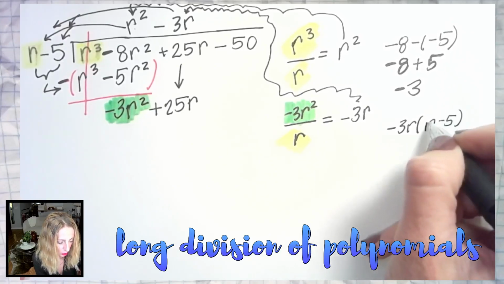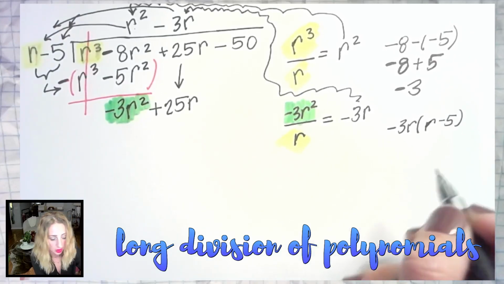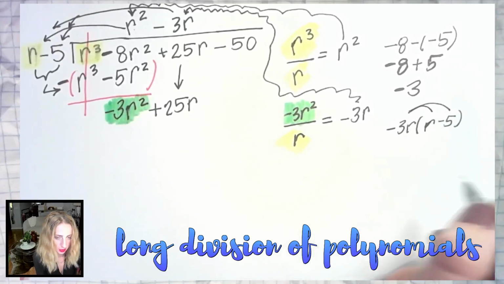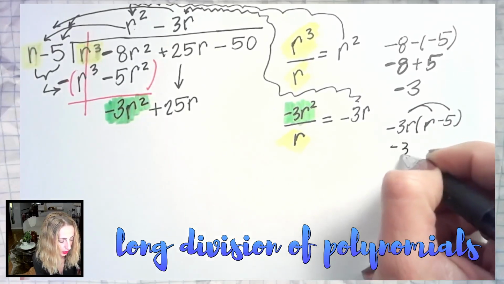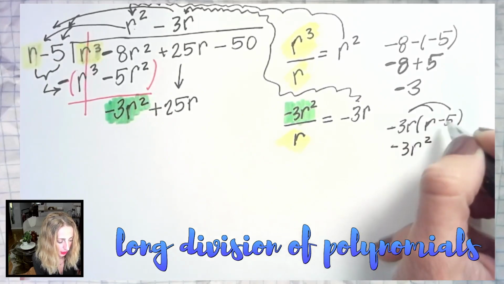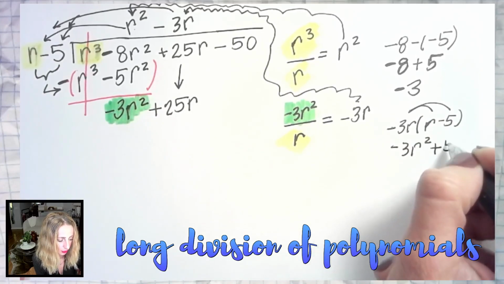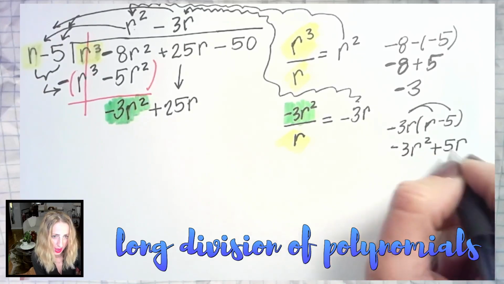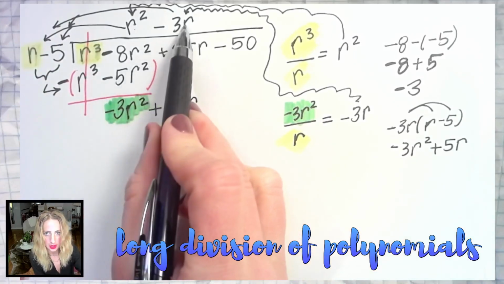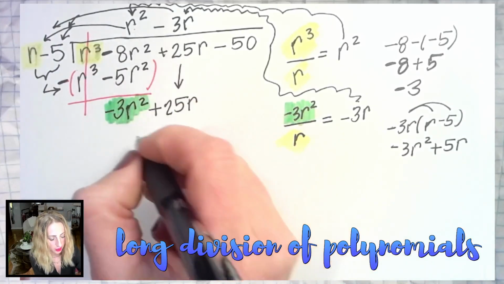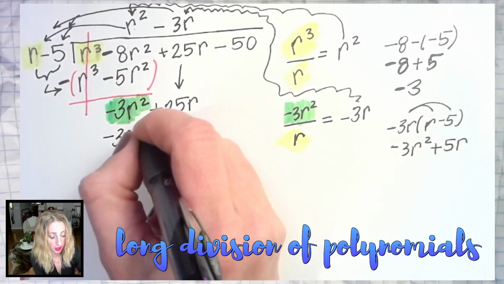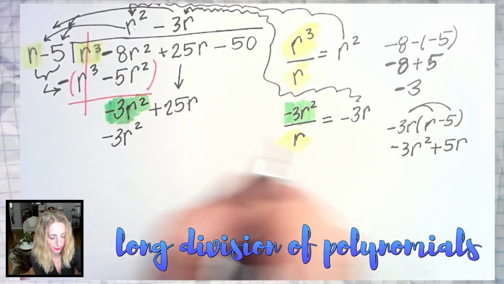I probably wouldn't show this work. I would probably do it in my head, but if you need to do it, you're going to do it like that. And it distributes. Negative 3r squared, and then negative times negative becomes positive 5r. That will get written under here. So again, negative 3r times r is negative 3r squared. It should match that right there.